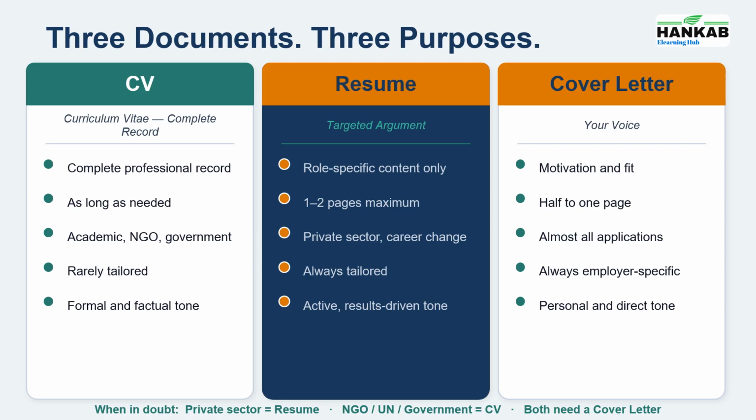Length is not a flaw in a curriculum vitae. Missing information is. Use a curriculum vitae for academic positions, research roles, international organizations like the UN and its agencies, government and public sector roles, medical and legal professions, and senior executive applications.